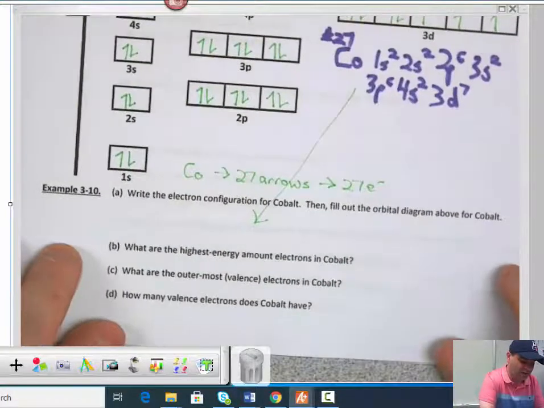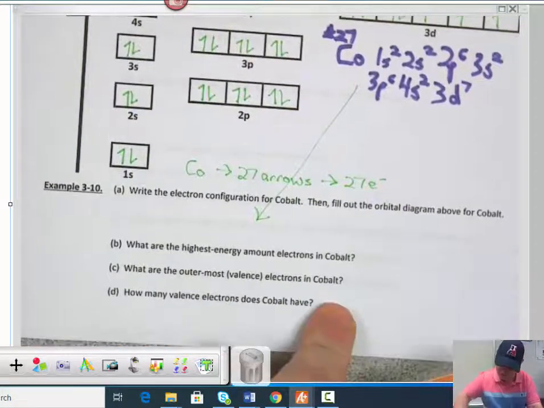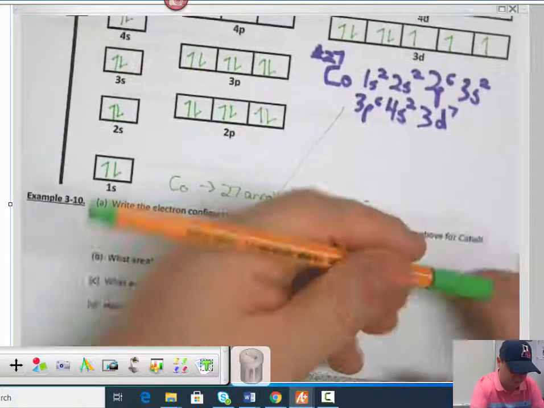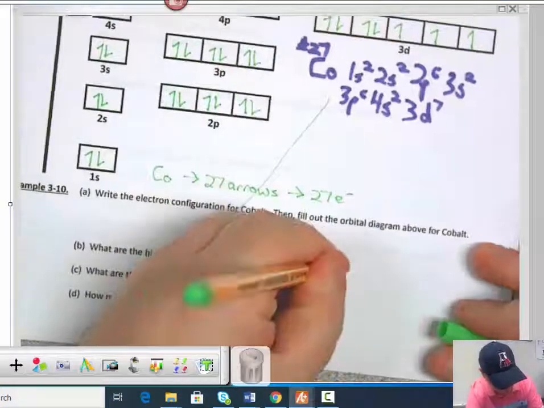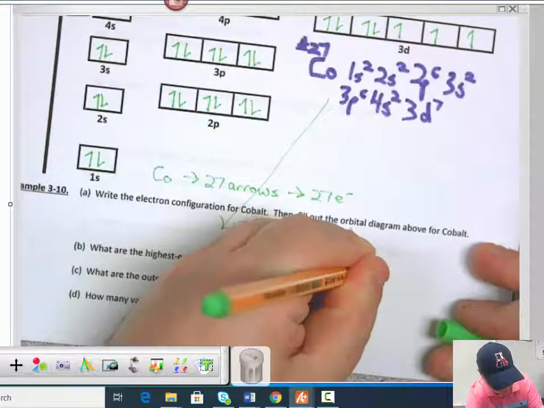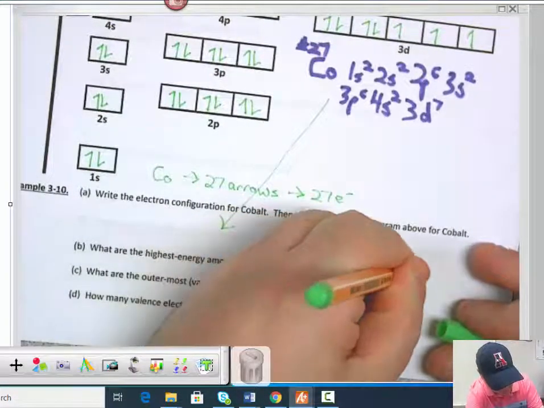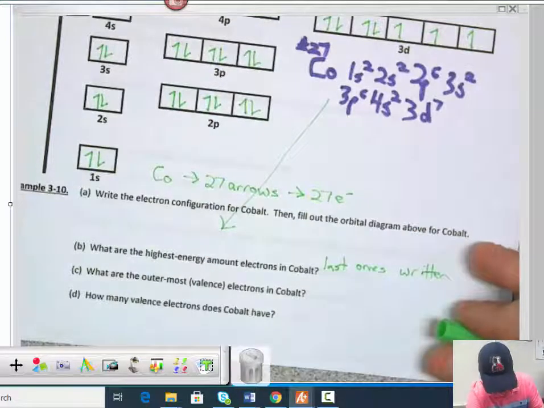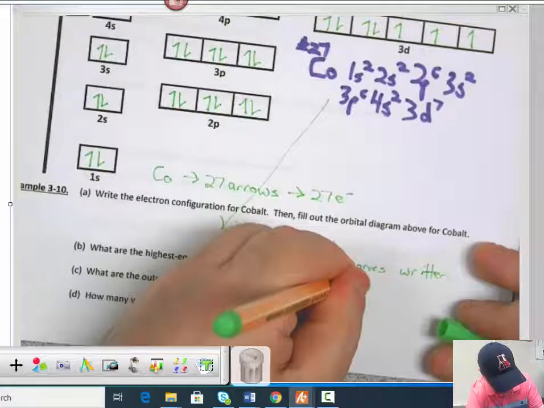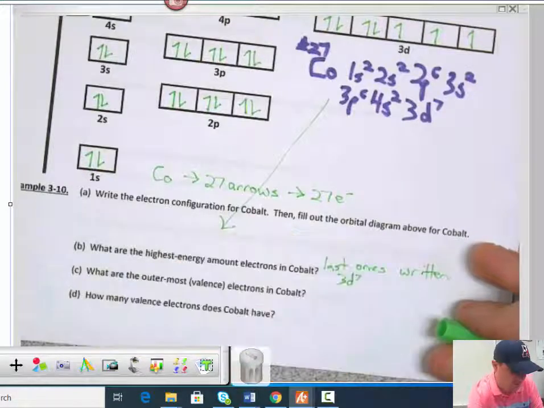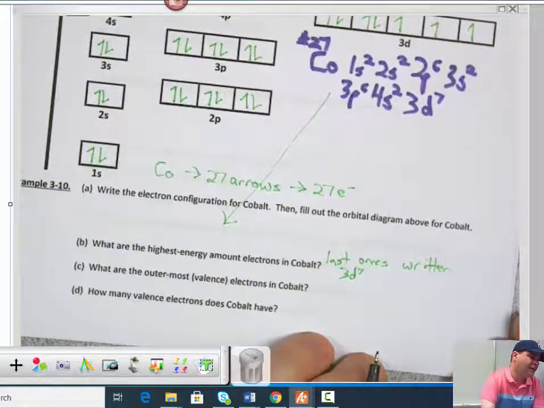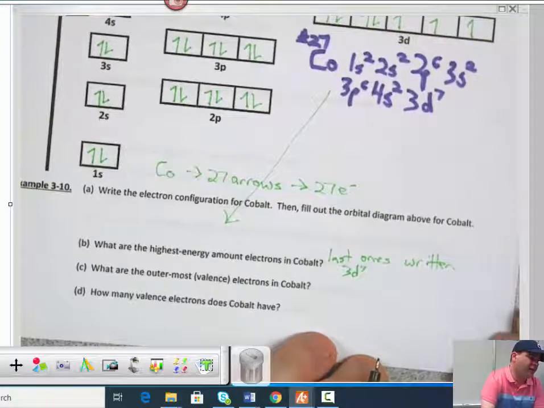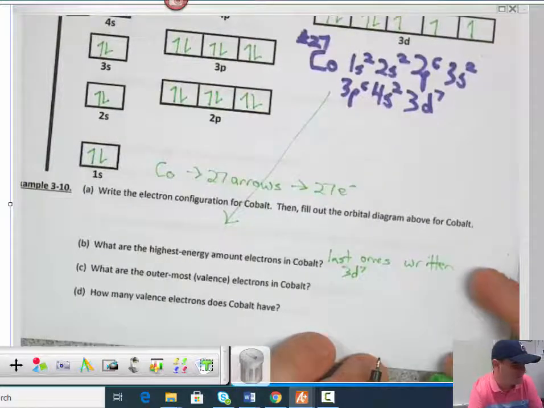What is the highest energy amount of electrons in cobalt? These are always the last ones written, which is 3d7. What are the outermost electrons?